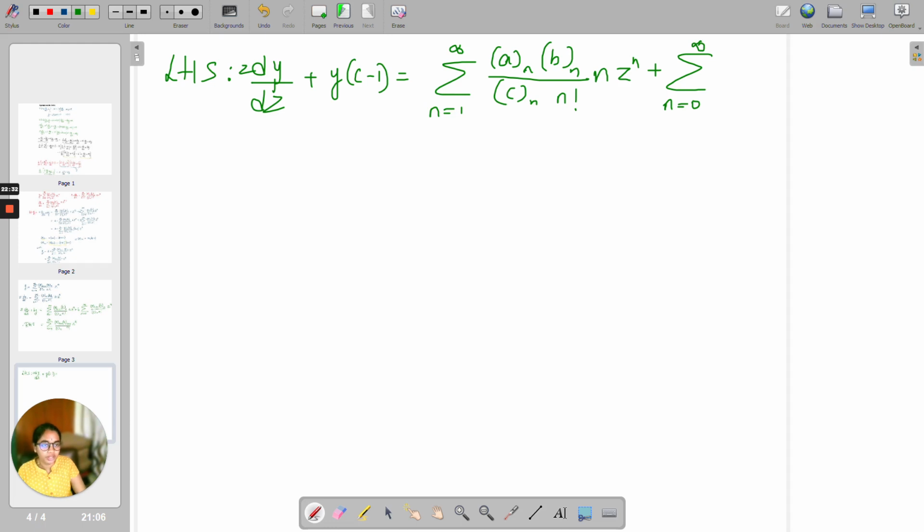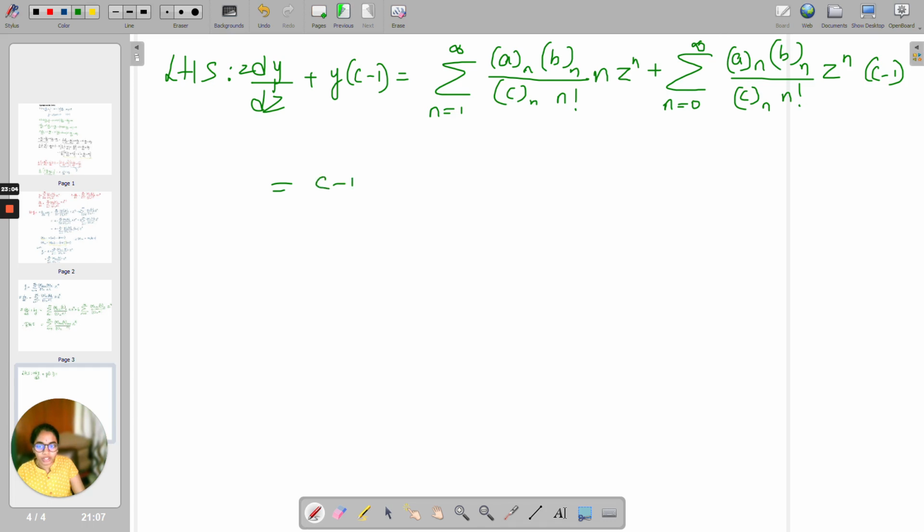What was y? y was the definition of the hypergeometric series, which is also called the Gauss series, into c minus 1. You can either write c minus 1 over here, or you can take it out as common. So the same thing again. What happens if n equals 0? What happens if you substitute n equals 0 over here? You would get 1, right?